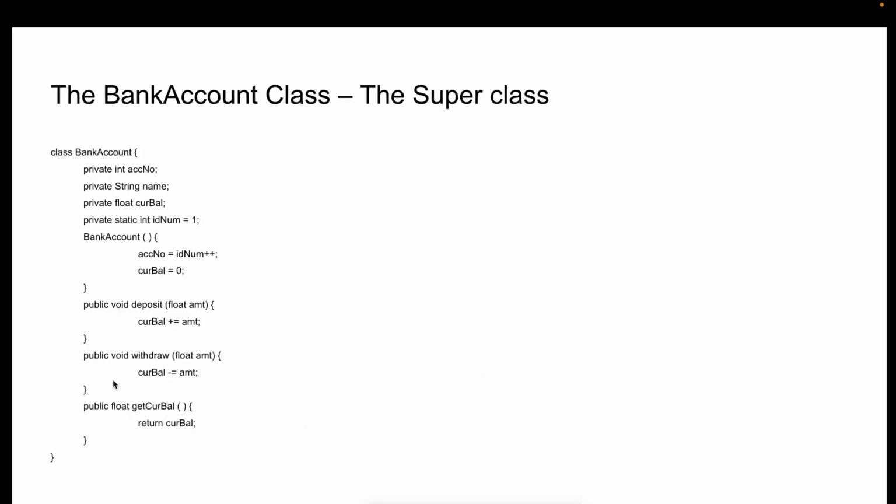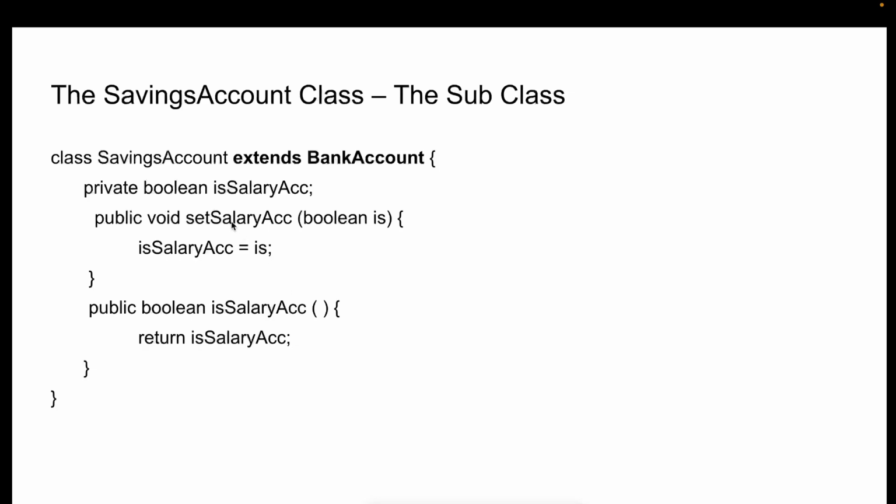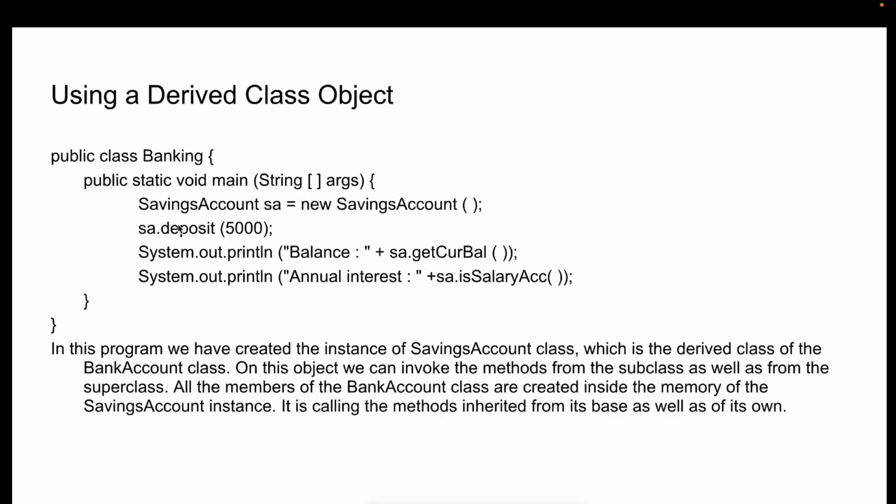See, deposit, withdraw, and get current balance. These methods have been created only in the bank account class. We did not create those methods again in the child class, the savings bank account class. But when we create the object of the child class, we are still able to call the methods which were in the parent class, right?